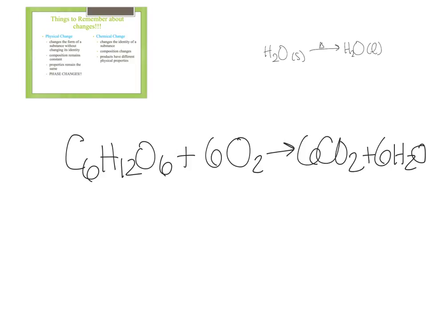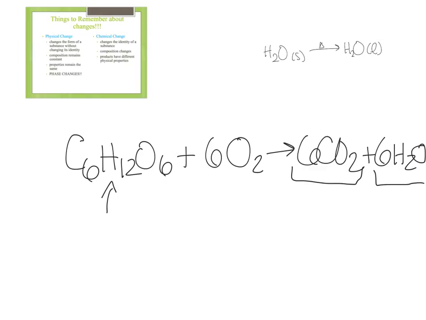What we do is we take our monosaccharide, in this case glucose, so we take in the glucose in the presence of oxygen and it's burned. You burn it off. You break the bonds to get the energy out of it. And what you end up with, your products are carbon dioxide and water vapor. In this case, we've taken a solid, which we started out with, and we've turned it into two different gases.